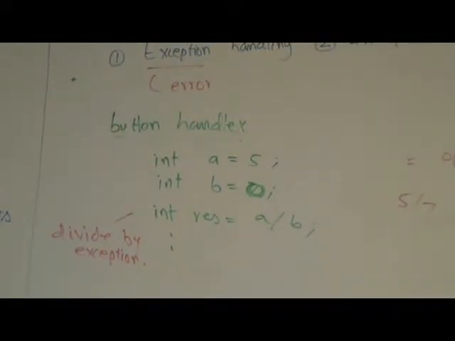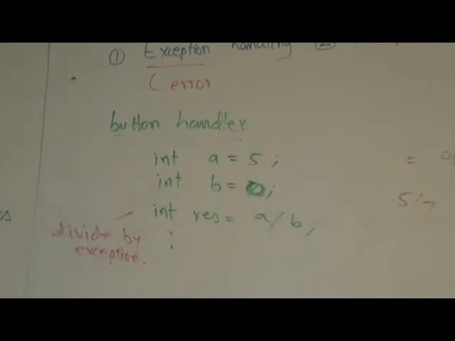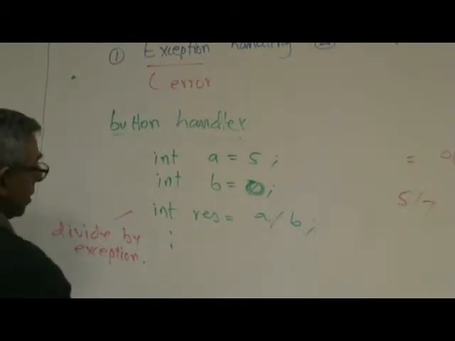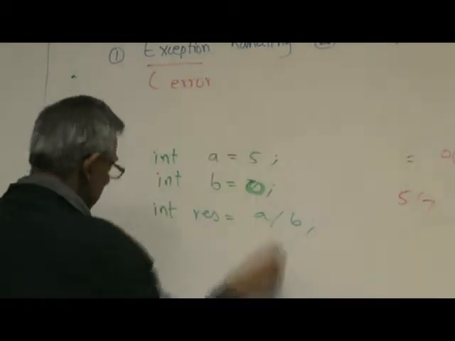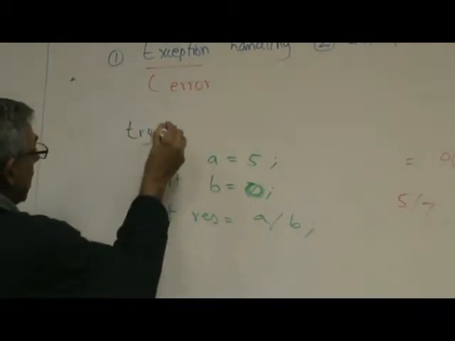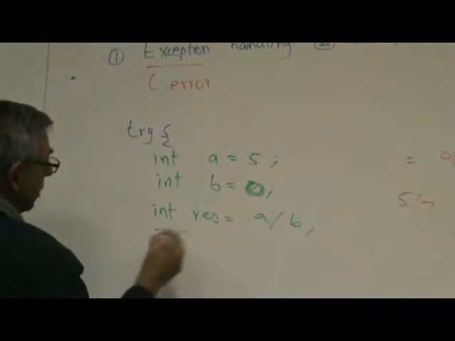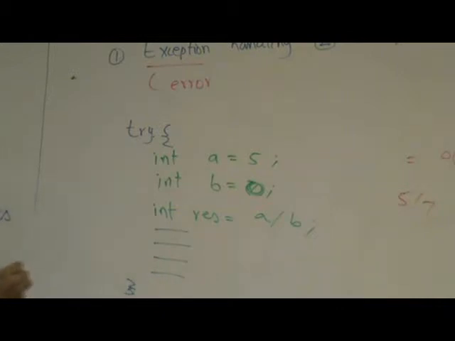So this is where the exception handling comes into play. You always have to properly take care of an error condition, put out a message, but not have the application crash. The solution to that is what we call exception handling, and exception handling has basically a try block. Whatever code you are writing, you enclose it in a try block.